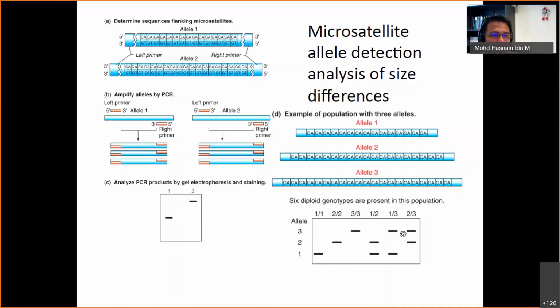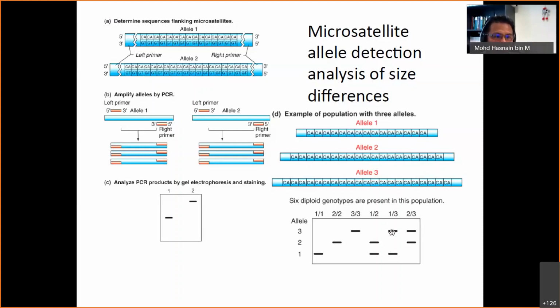Whereas number 2 moves slightly faster. So that is why it is over here. So when you have 2 different individuals, one with 1.3, another with 2.3. With 1.3, when you run on the electrophoresis, 1.3 meaning one of them will move very fast.